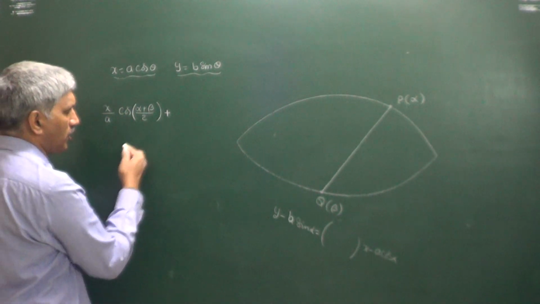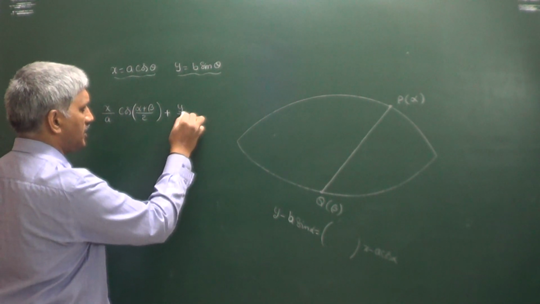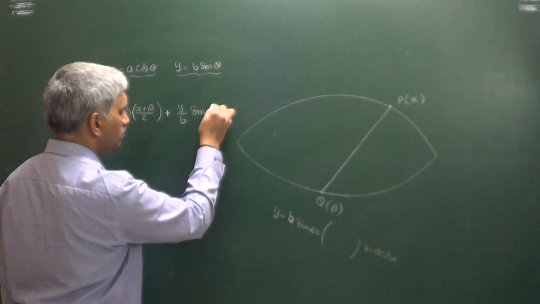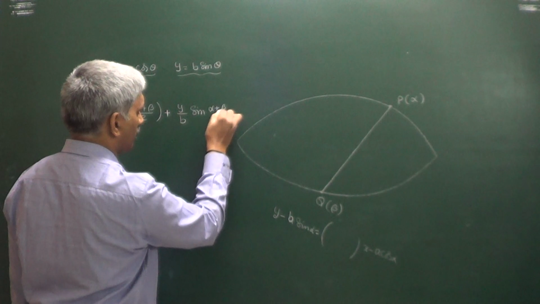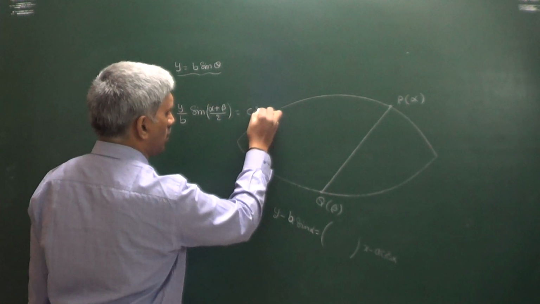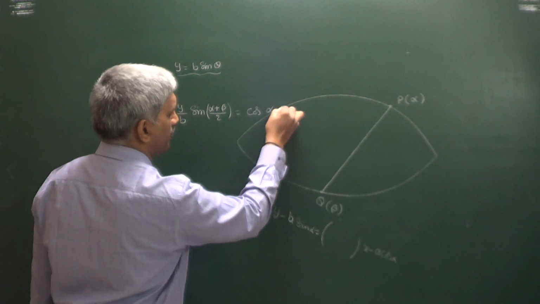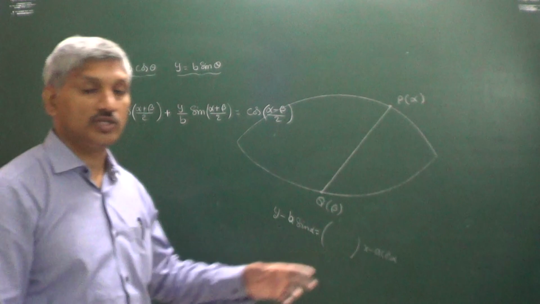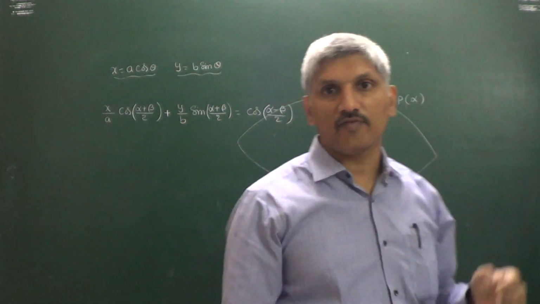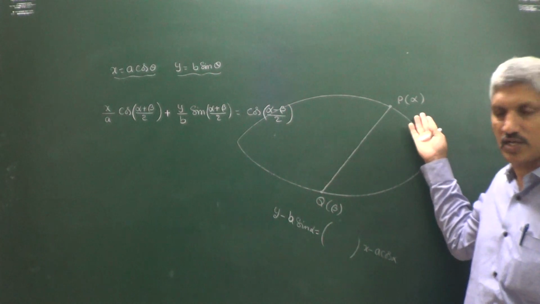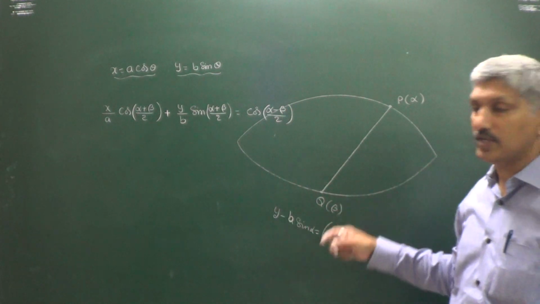I am writing x by a into cos alpha plus beta by 2, plus y by b into sin alpha plus beta by 2, is equal to cos alpha minus beta by 2. So that is the equation of the chord passing through the 2 points P alpha comma Q beta, that means a cos alpha comma b sin alpha, and a cos beta comma b sin beta.